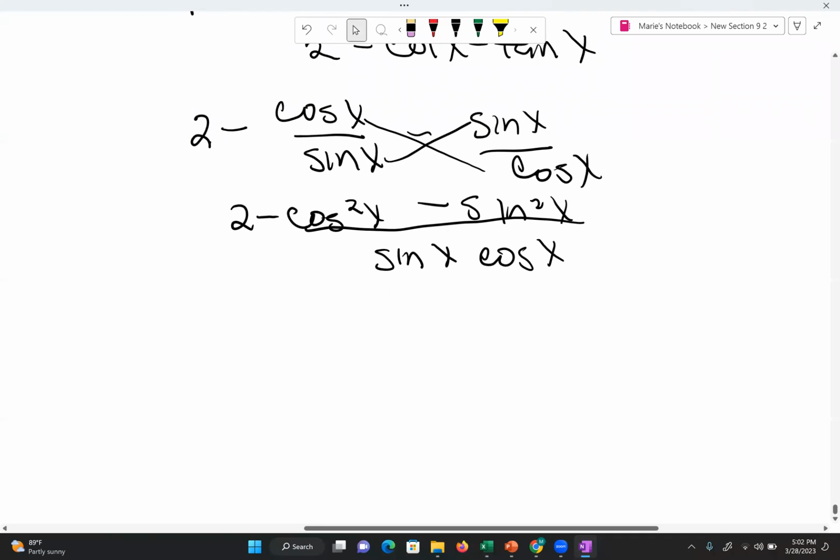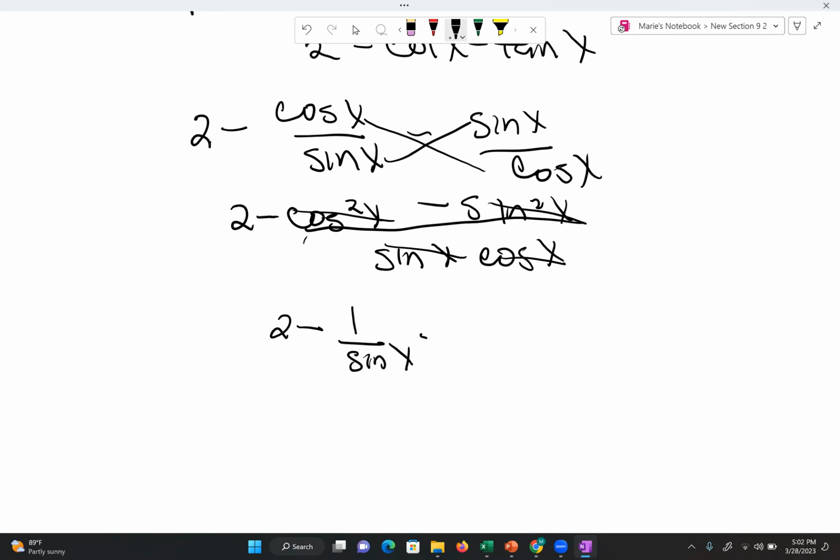So working this out, remember that these guys will cancel each other out and these guys will simplify out as well. So you end up with 2 minus 1 over sine x times 1 over cosine x.